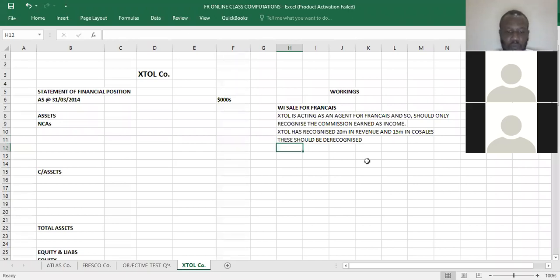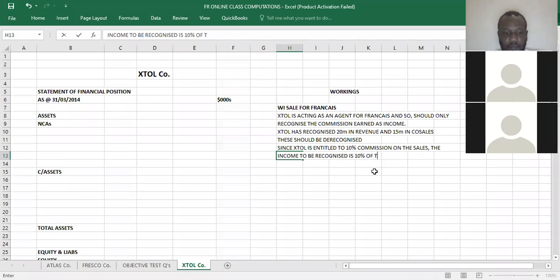Now, also, since XTOL is entitled to a 10% commission on the sales, the income to be recognized is 10% of total sales. Full stop.